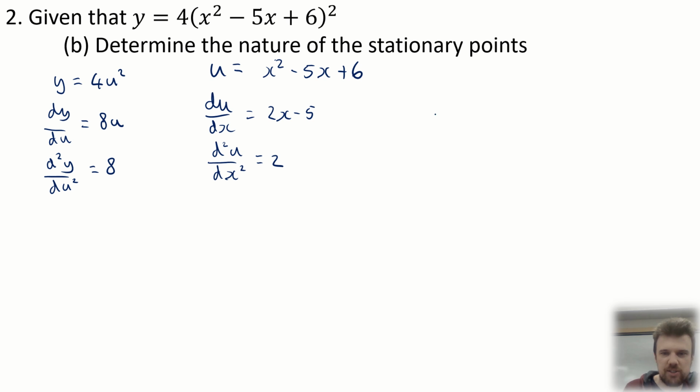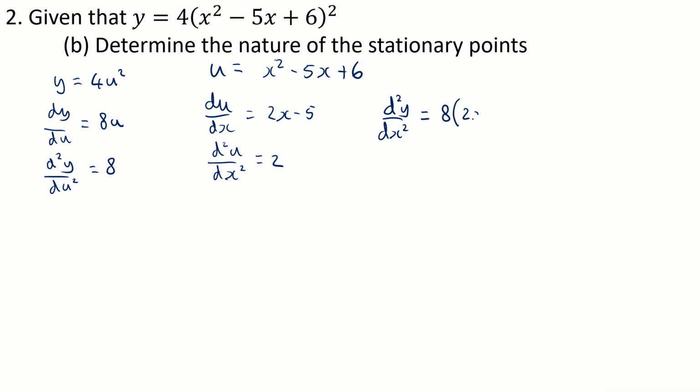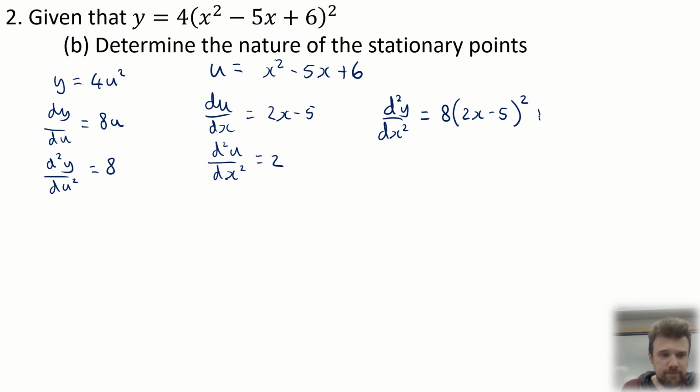How very nice. Therefore, the second order derivative of y with respect to x is going to be d squared y over du squared, which is 8 times by (du/dx) squared. So we have that. And then we're going to add on dy/du times by d squared u over dx squared.